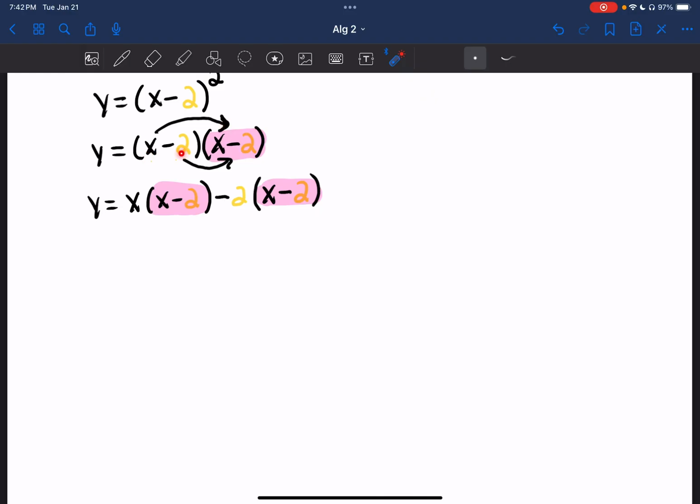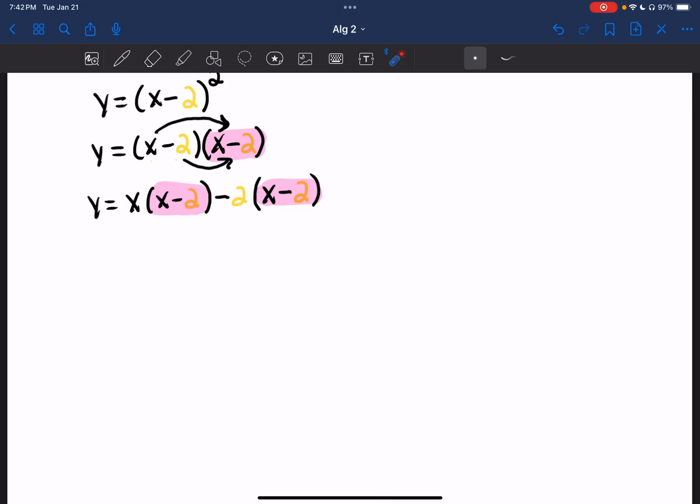This x doesn't need to say hi to this negative 2 because they drove there together, but it does need to say hi to this x and this negative 2. That's why we need to multiply it by both of them, by the whole thing. And this negative 2 doesn't need to say hi to this x because they drove together in the same car, but it does need to say hi to this x and this negative 2 because they came in a second car.